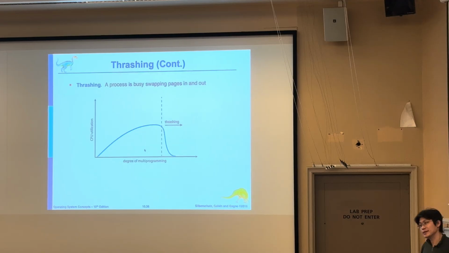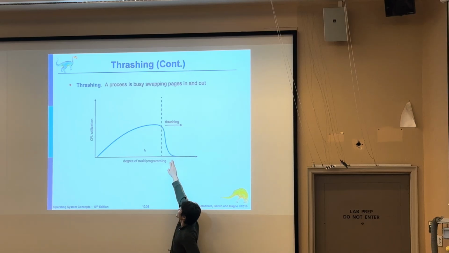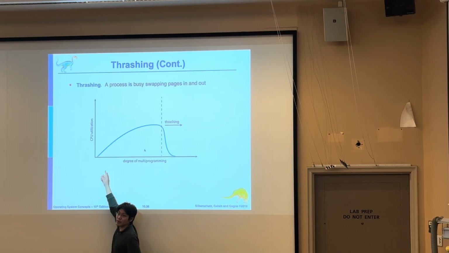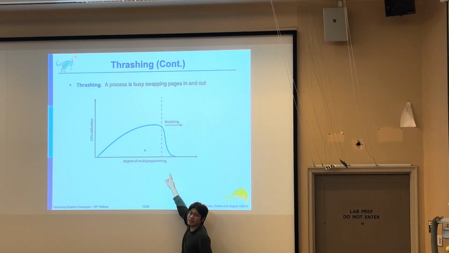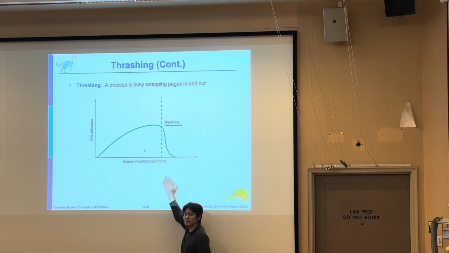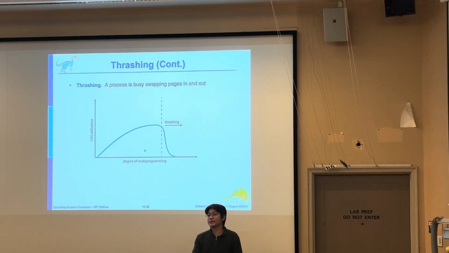Take a guess. We have 2 points. One, let's say here, the system is already thrashing. And one is here, the system has very low multi-programming, so you might want to increase processes. When you reach here, you want to decrease the number of processes. How do you differentiate these two? Take a guess.